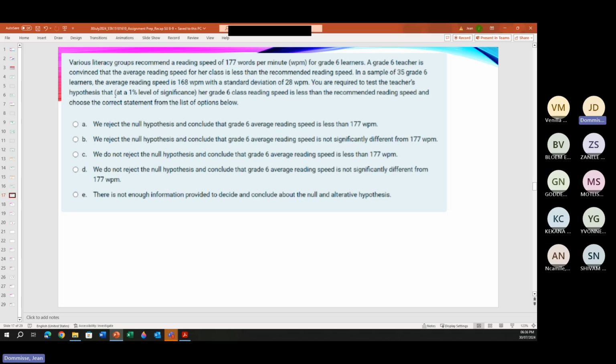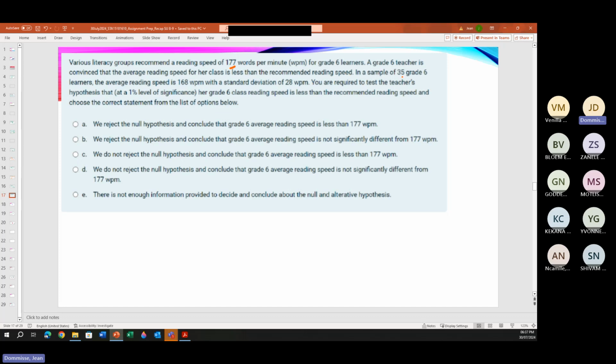So let's read the information and see what they say. Various literacy groups recommend a reading speed of 177 words per minute for grade 6 learners. The grade 6 teacher is convinced that the average reading speed for her class is less than the recommended reading speed.